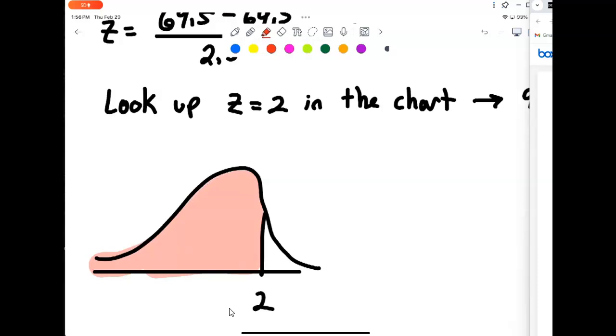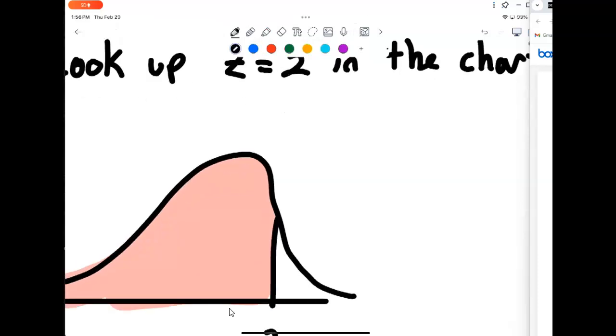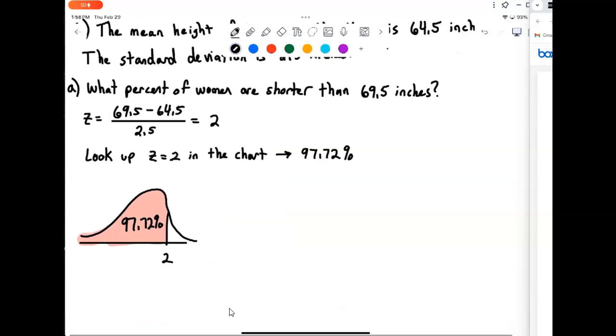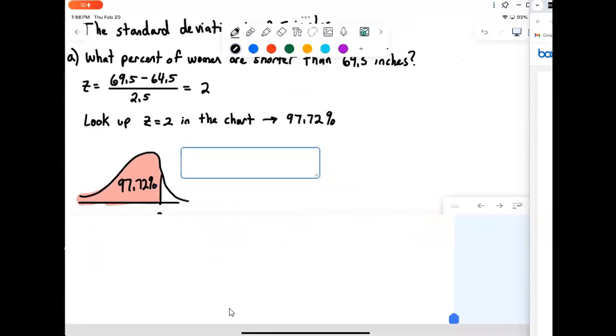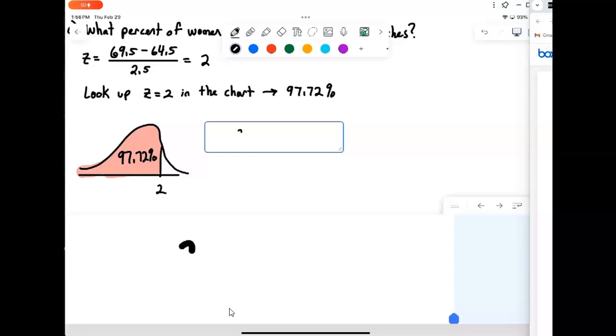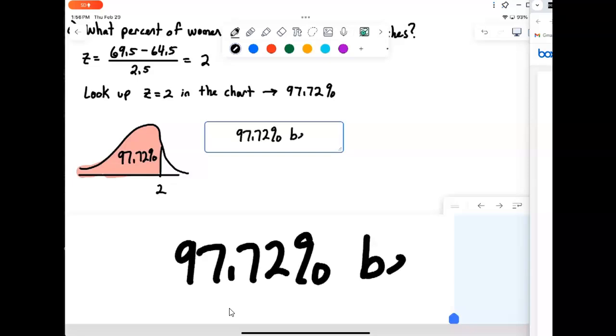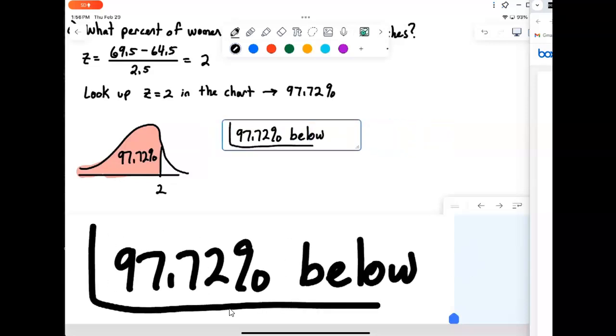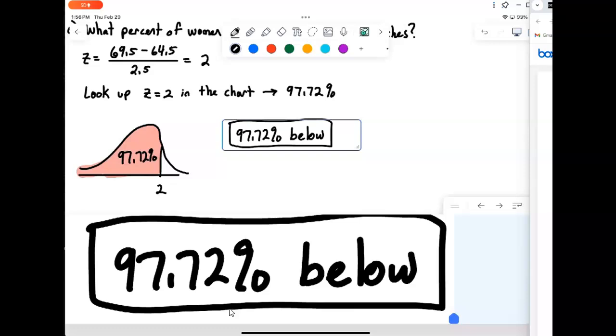So with below, we just take that value, and that's going to be our answer. 97.72% of women are shorter than 5 feet 9.5 inches. So we just answer that question: 97.72% are below, or shorter in this case, than 5 feet 9.5 inches.